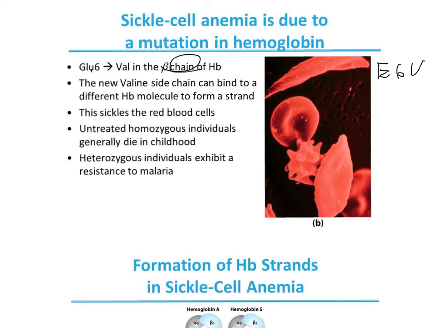That valine now causes heme to be bound differently, it changes the general morphology of the hemoglobin, and it can form strands, and so you see these sickle cell red blood cells as a result.